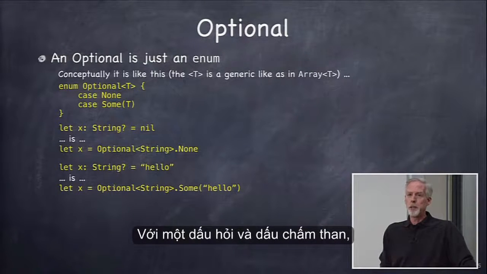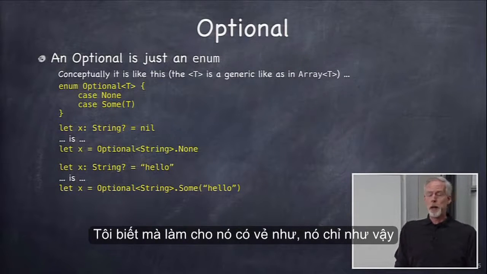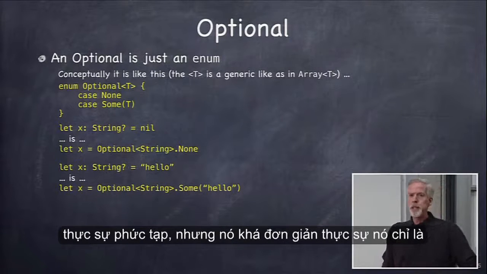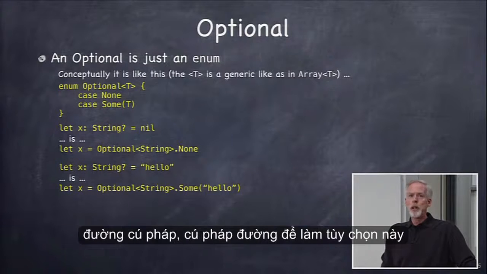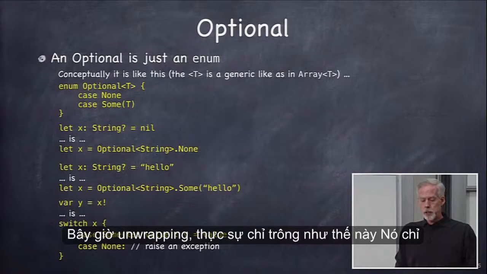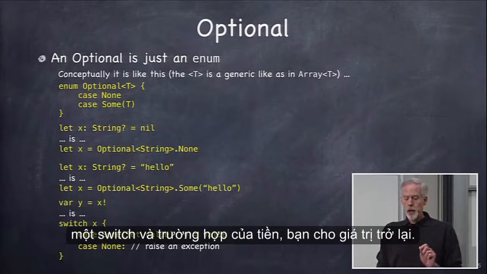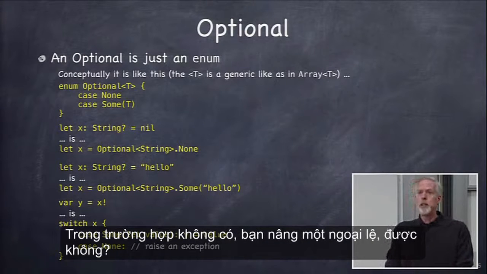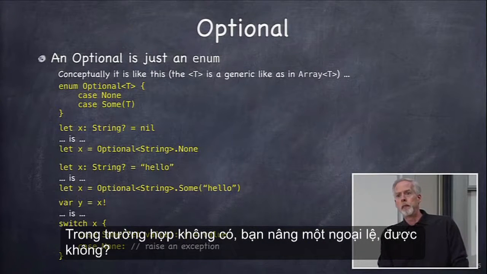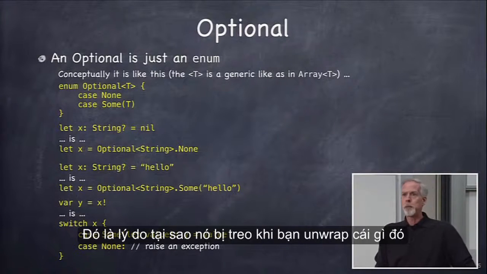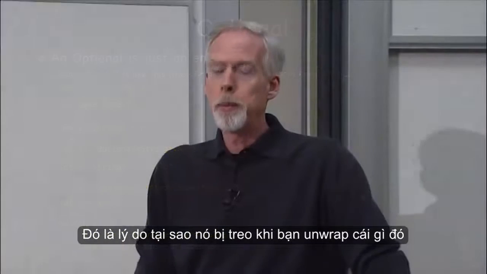The question mark and the exclamation point, I know that makes it seem like, whoa, it's really complicated, but it's pretty simple, really. It's just syntactic sugar to do this optional. Now, the unwrapping really just looks like this. It's just a switch. And in the case of some, you give the value back. And in the case of none, you raise an exception. Simple as that. That's why it crashes when you unwrap something that's nil.